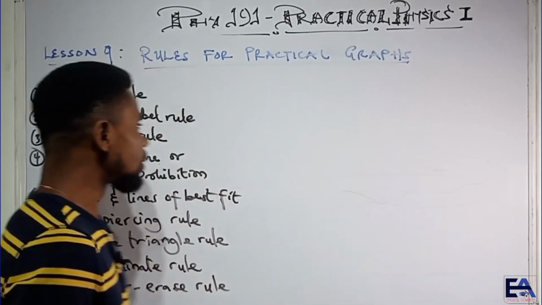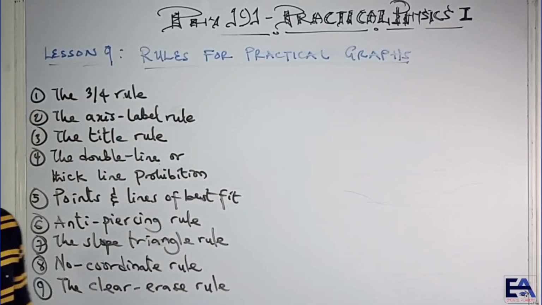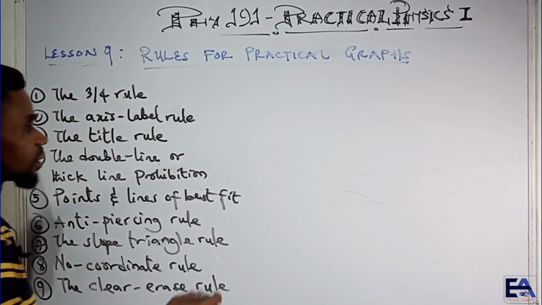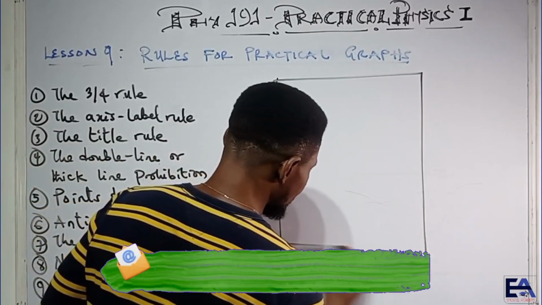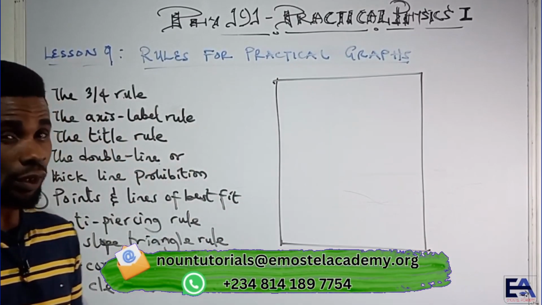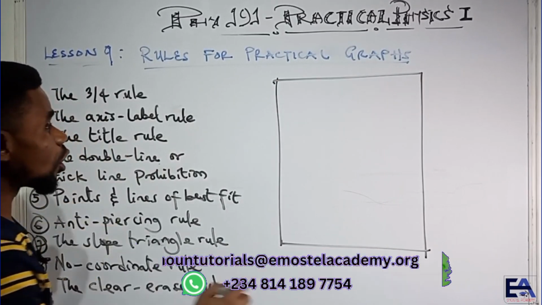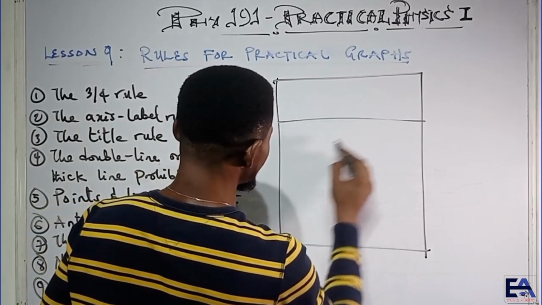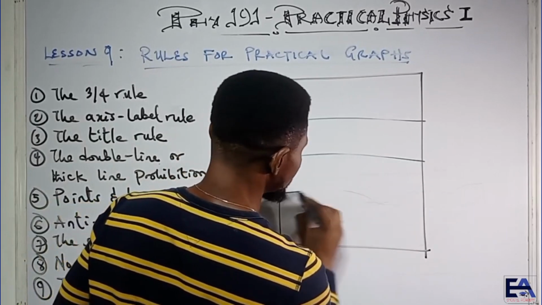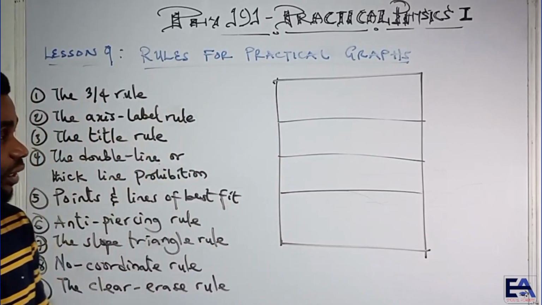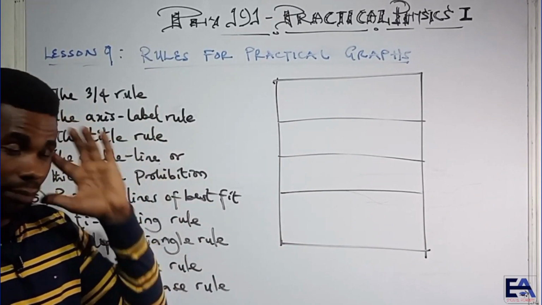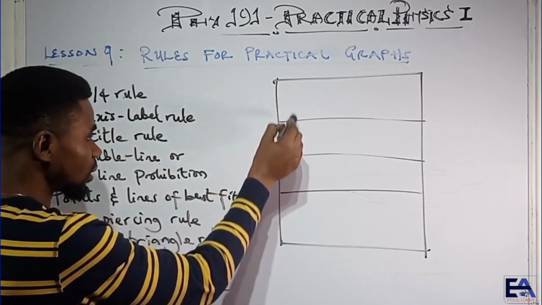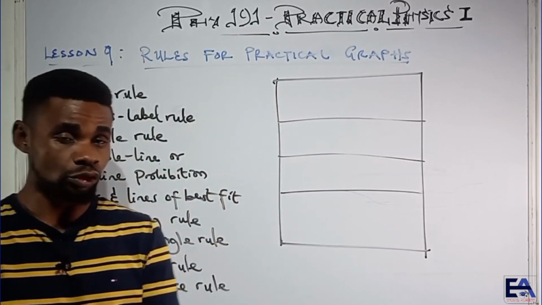Number one is the 3/4 rule. If this is your graph book, let's assume this is the page of your graph book. If you divide this page into 4 equal parts, you don't have to divide it physically, but there is a way you can get that by counting the number of boxes and then dividing it into 4.